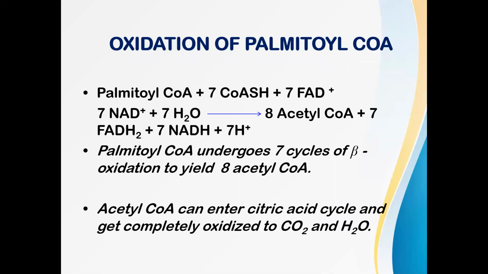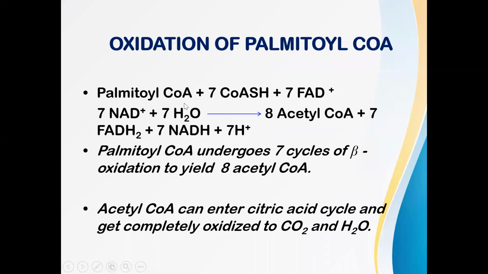So the general reactions are shown. If we take the example of palmitic acid and look at the overall reaction of the oxidation of palmitoyl CoA, it undergoes 7 cycles of beta oxidation to get completely oxidized.